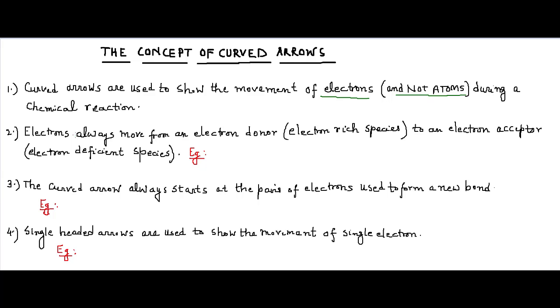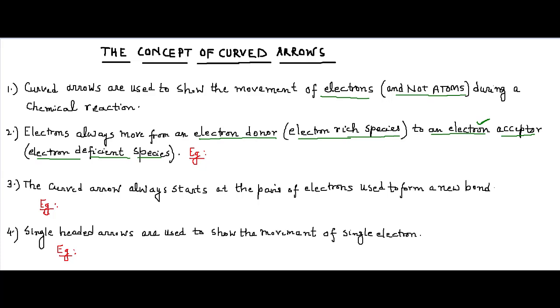The second point says electrons always move from an electron donor, meaning the electron rich species, since only electron rich species can donate electrons, to an electron acceptor, meaning the electron deficient species. The one which is deficient or lesser in electrons can only accept electrons. So the arrows move from electron donor to electron acceptor.